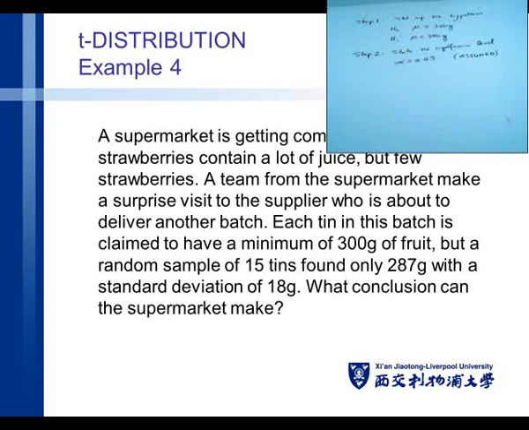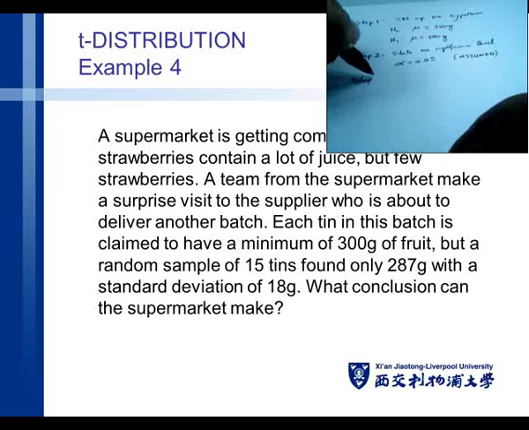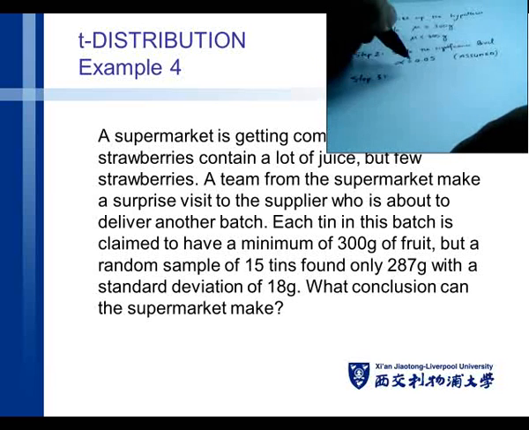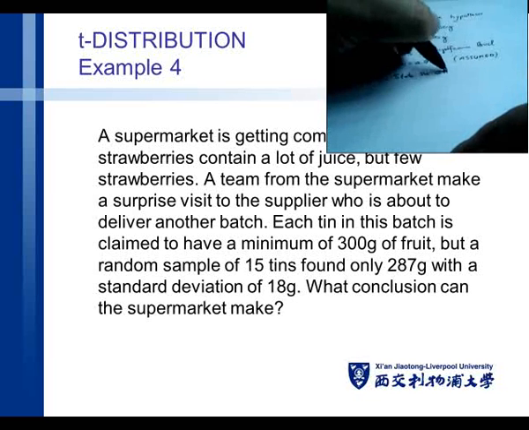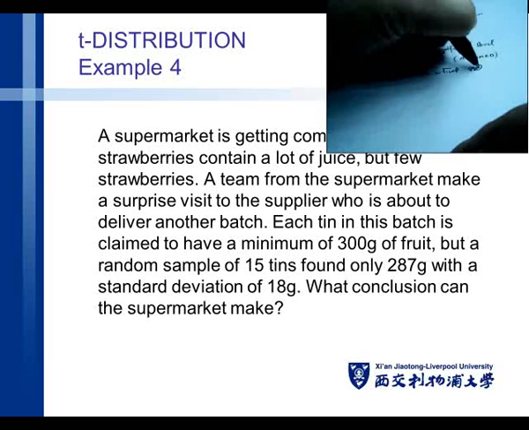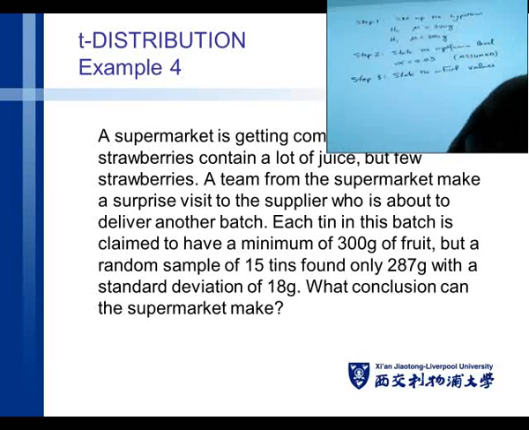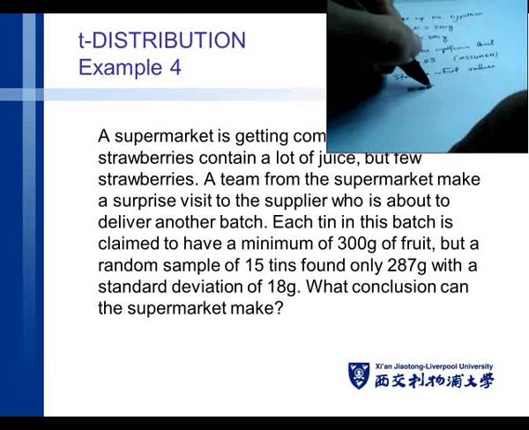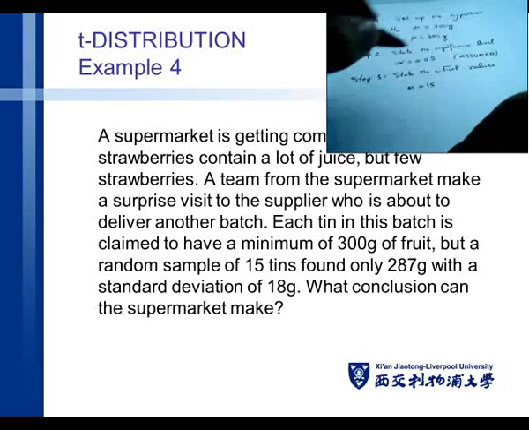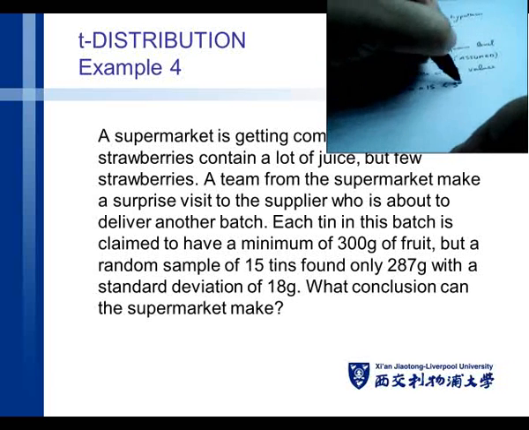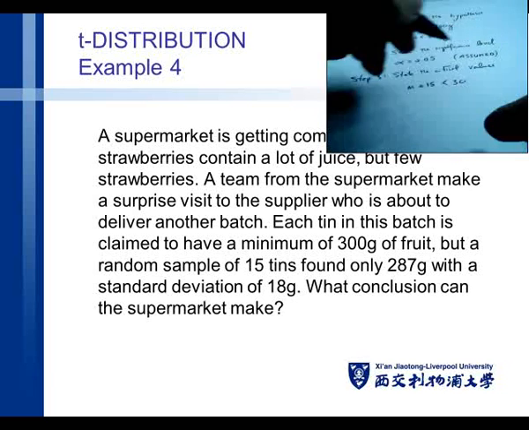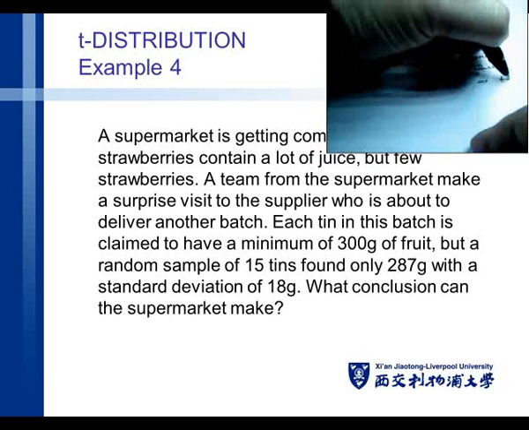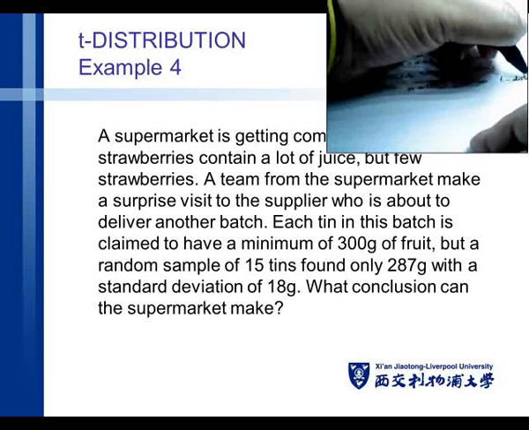Then state the critical values. Step 3, state the critical values. So sample size n is equal to 15, so it's smaller than 30, which implies a t distribution.